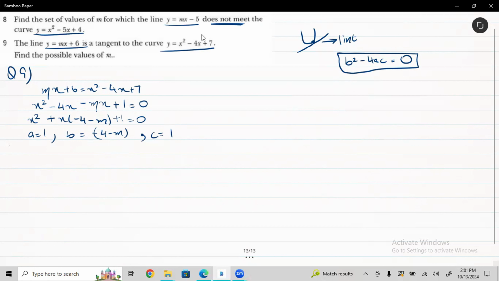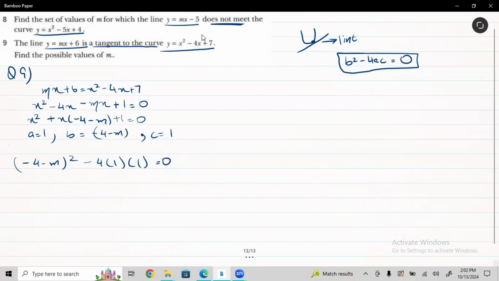Now what we are going to do is just input this into our discriminant. So again, we know our discriminant should be equal to 0 because there's only one intersection with the curve. So b squared, negative 4 minus m whole squared, minus 4 multiplied by a multiplied by c, in fact 1, is equal to 0.